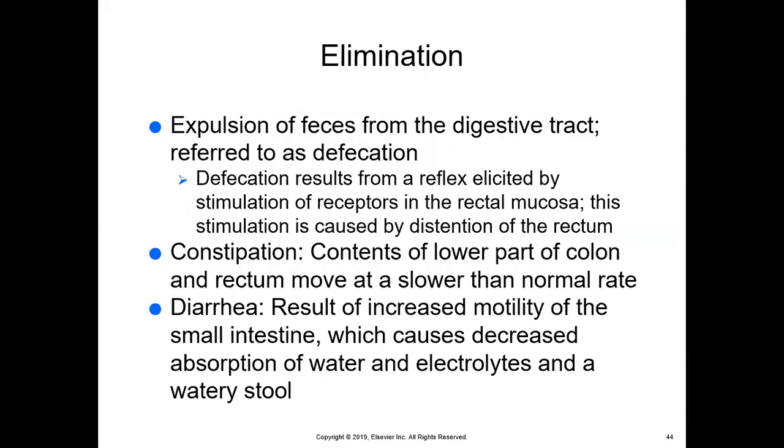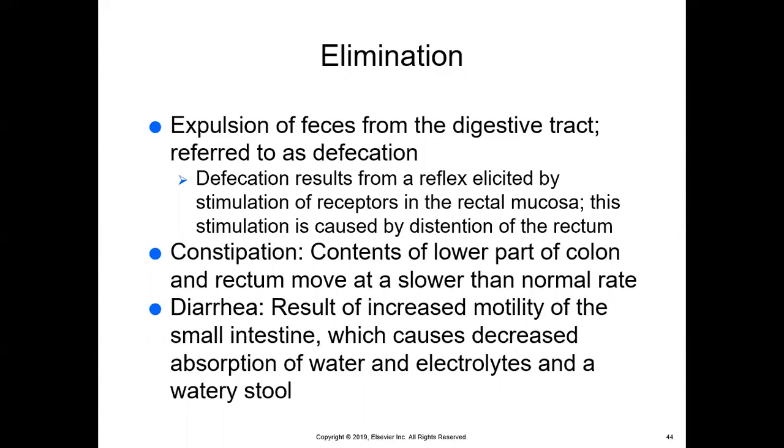Then we have elimination. Elimination is the expulsion of feces from the digestive tract. This is referred to as defecation. Defecation results from a reflex elicited by stimulation of receptors in the rectal mucosa. The stimulation is caused by distension of the rectum.